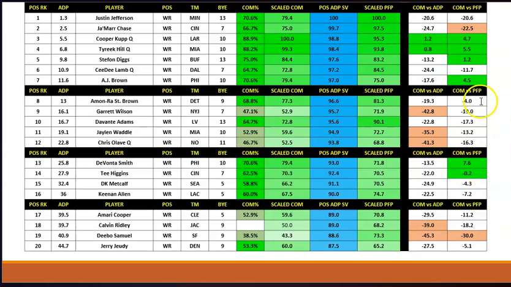So at this point, Amon-Ra St. Brown, if we look at projections, he seems to be right on point here. So does Metcalf, Allen, and Judy in the top 20 wide receivers. Those guys jump out as something to be highly considered and might be a bargain. At least that's the idea.